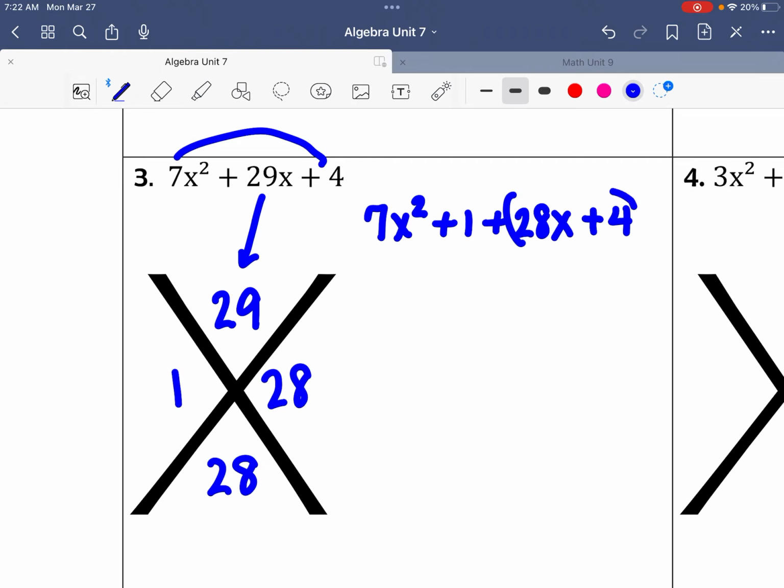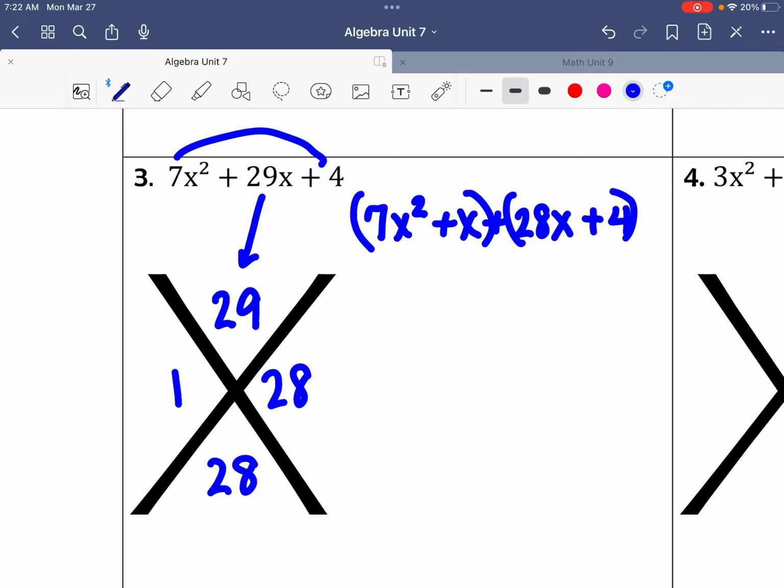And then I group it. Group the first two terms, group the last two terms. The greatest common factor here, I'm sorry, I messed up here. I should have put an x there, not a 1. It was 1x. I meant to leave out the 1, not leave out the x.